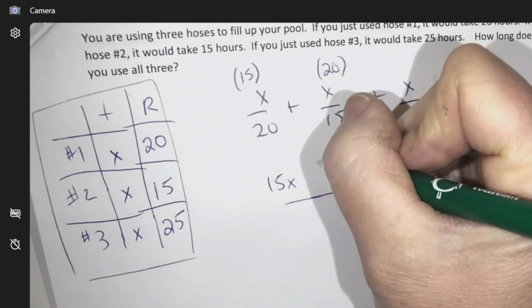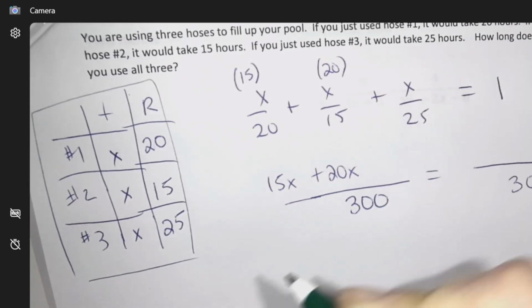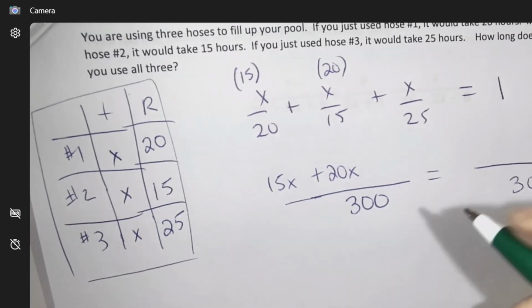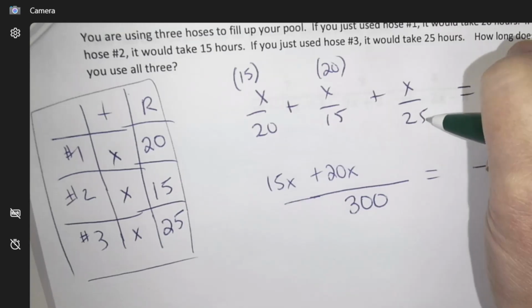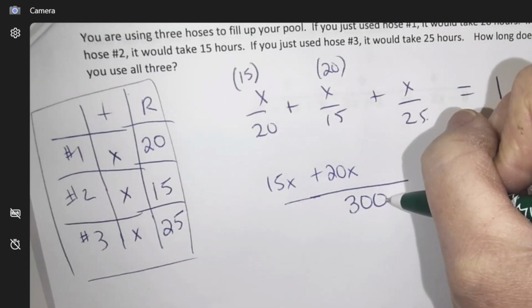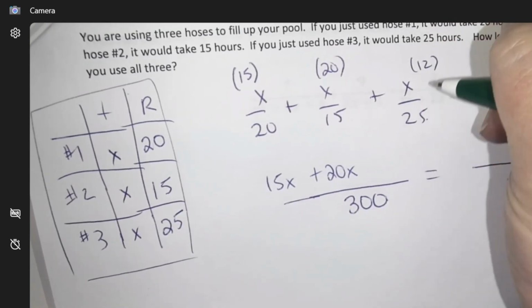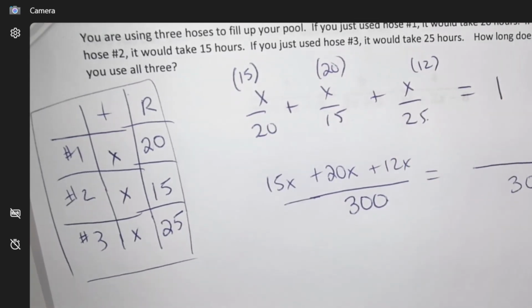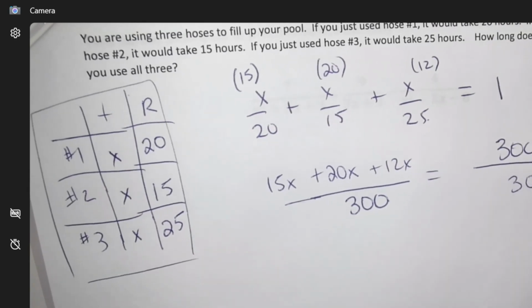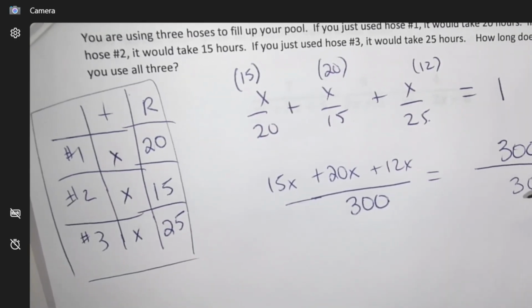By a 20. And what do you do to change 25 to 300? Times it by 12. Did you notice anytime over here, 1 is the same over the same, 300 over 300.